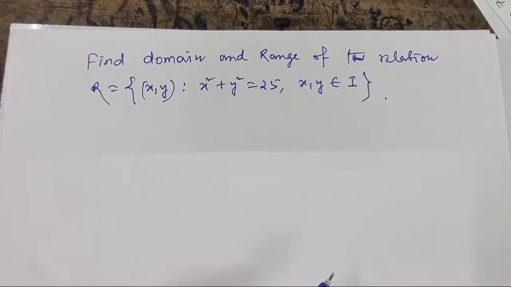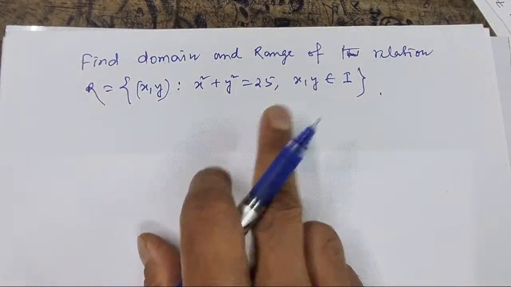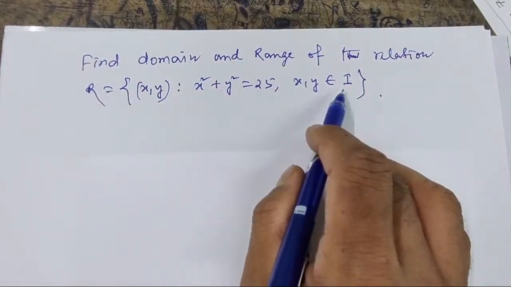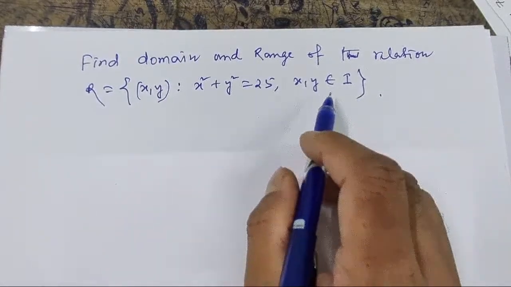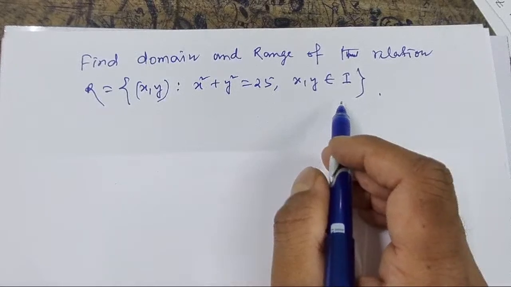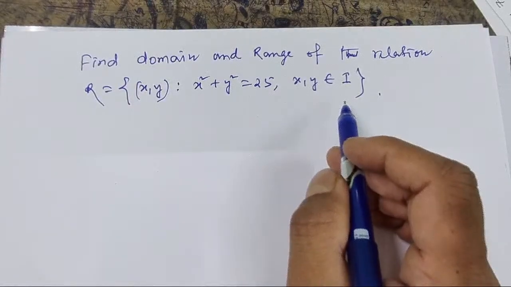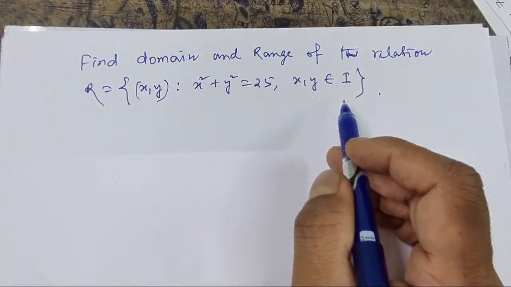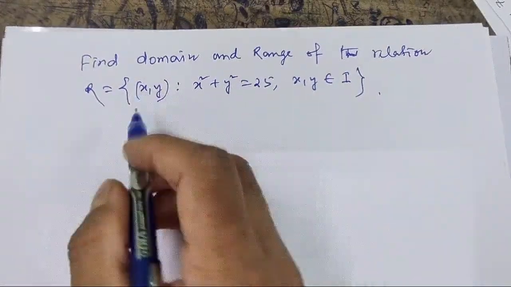Now tell me, in this question, x and y belong to I, meaning integers. That means we shall take integral values. Integral values means what? 0, plus minus 1, plus minus 2, plus minus 3, and so on. Right? So what can we do?